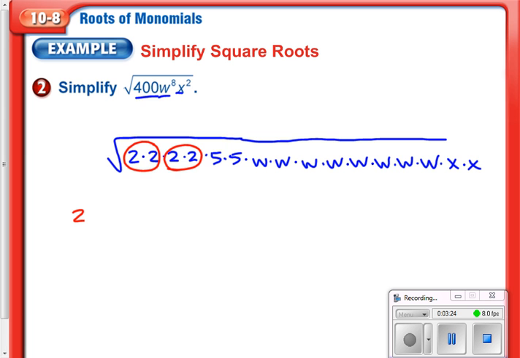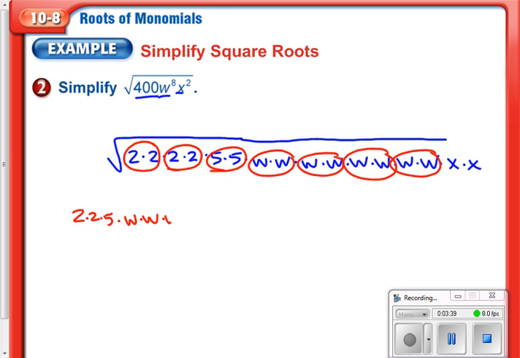Here's a 2 I can move out, another 2 I can move out, and a 5 I can move out. Now I have groups of w's: one group, second group, third group, fourth group. So I can move 4 w's out. And then I have a group of x's that I can move out.